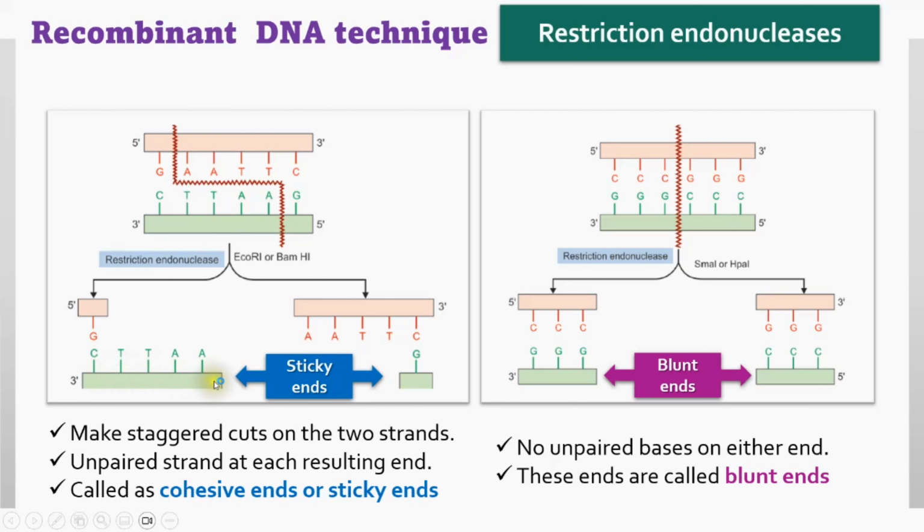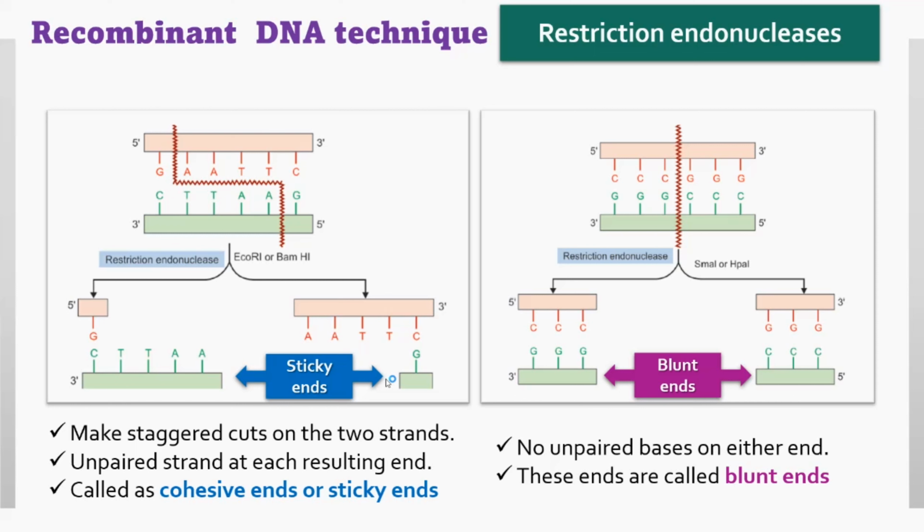You can see here these TTAA sequences are not paired. Even in the other cut fragment, you can see here AATT is unpaired. They produce a staggered cut on the two strands, producing unpaired strands. So this is called cohesive ends or sticky ends.